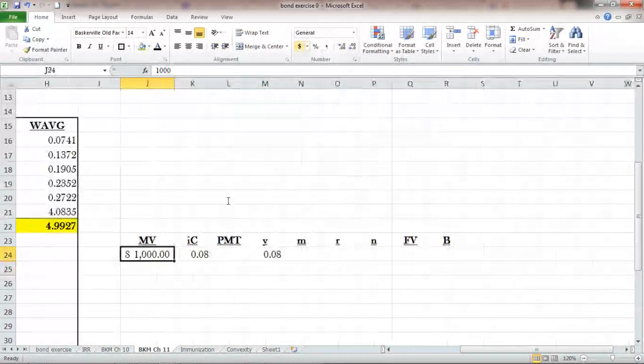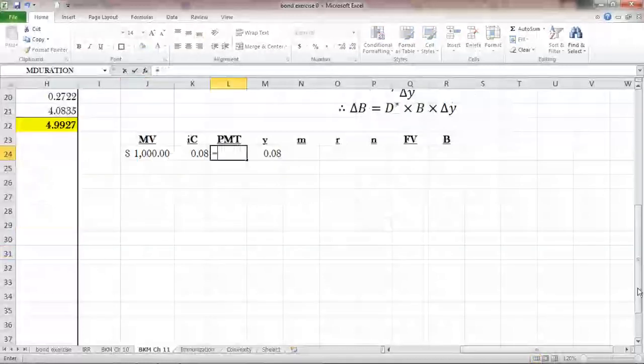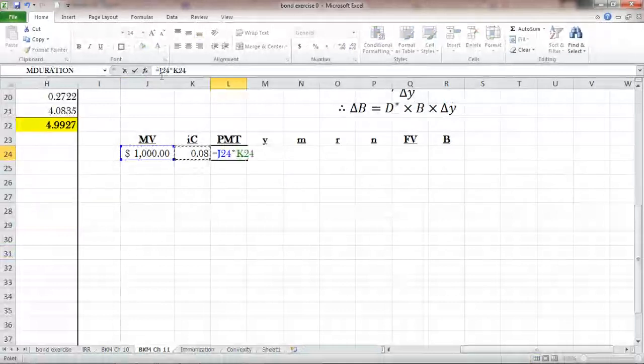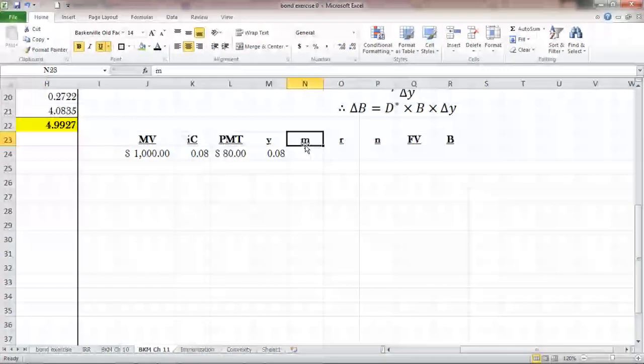Maturity 6 years. What's happening? It's like this. We assumed once, so we don't need this anymore, but that's fine.